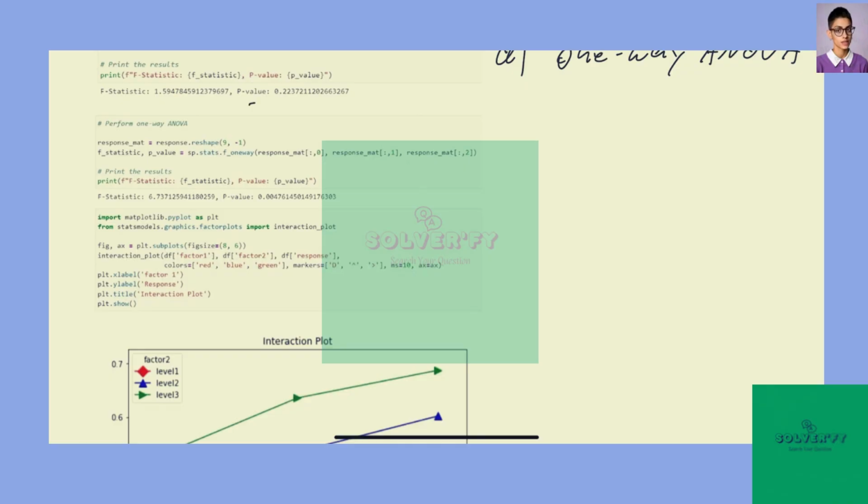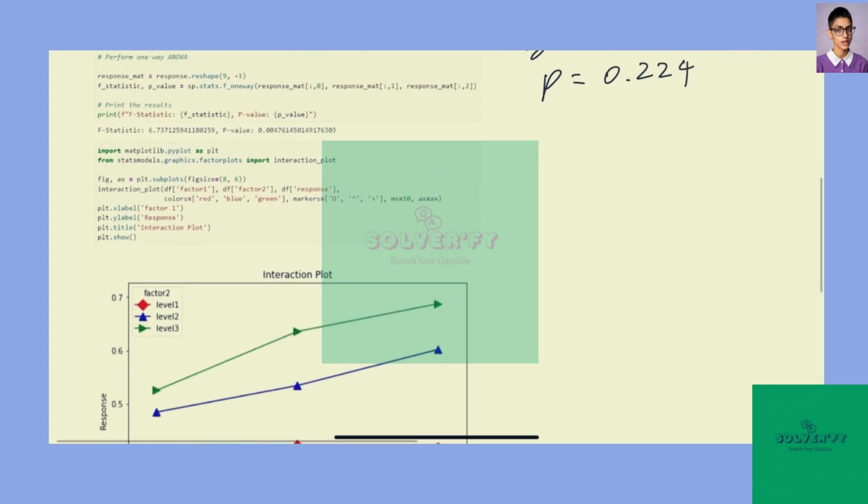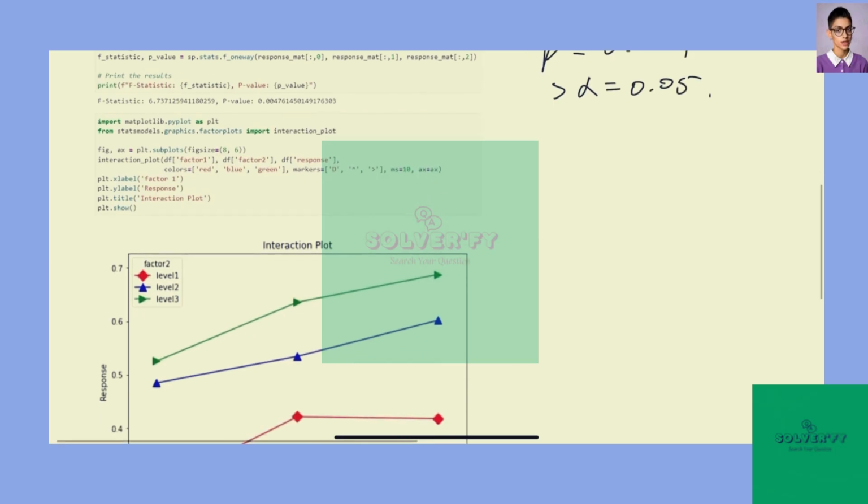Here we have the p-value of 0.224, and again we're going to use the significance level of 0.05. So we fail to reject the null, that the means are the same.